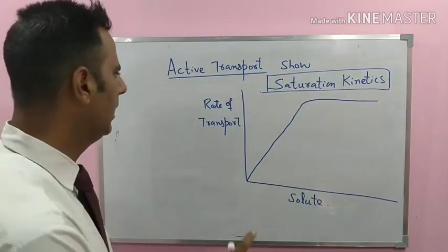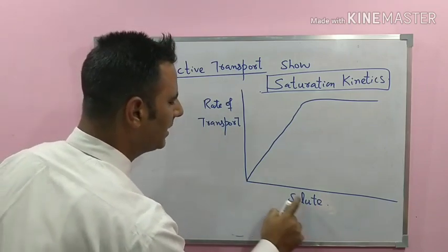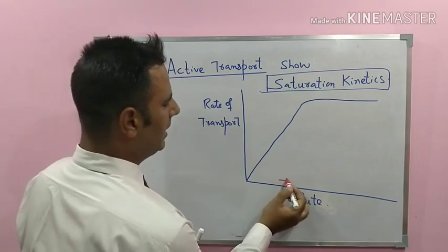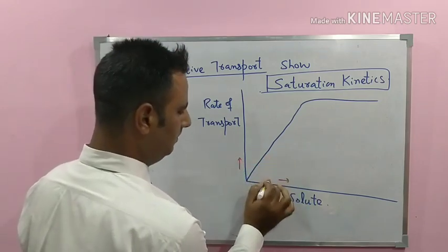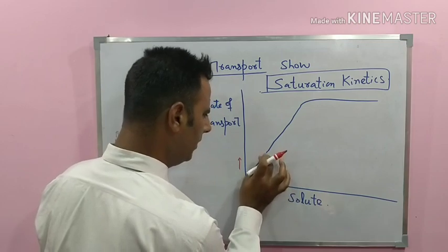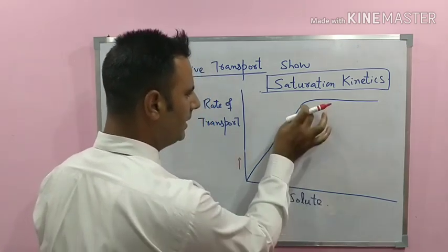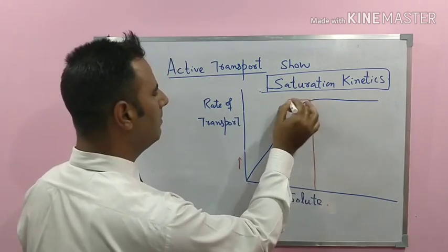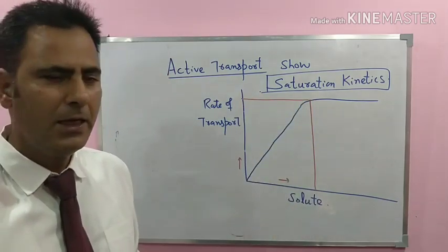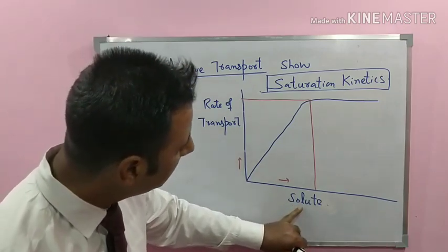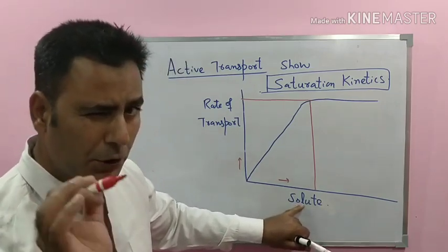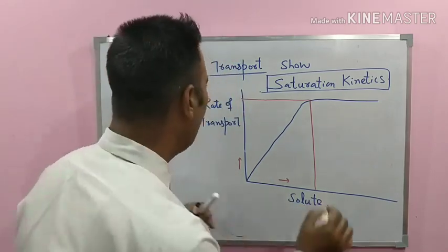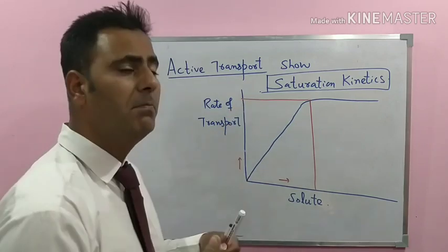What it means is, when we increase the solute concentration, the rate of transport increases, until a maximum is achieved. It means there is a particular concentration of solutes at which the rate of transport will be maximum.